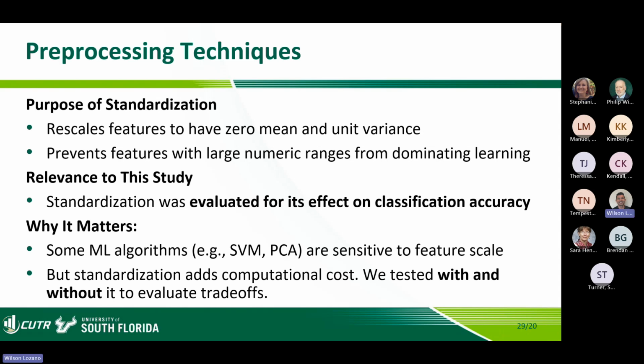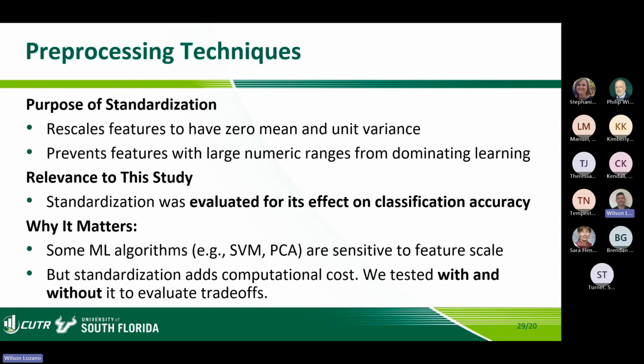Continue with preprocessing techniques. We evaluate standardization. Standardization, as you probably know, scales the features to have zero mean and unit variance. This prevents large numeric ranges of data in a time frame window from dominating the learning process.